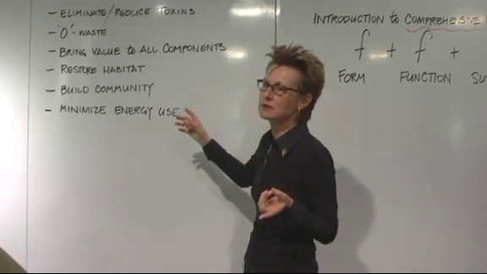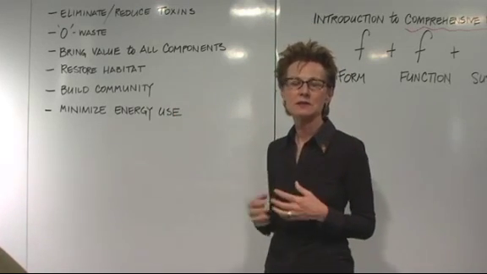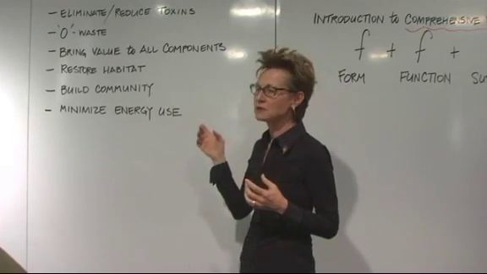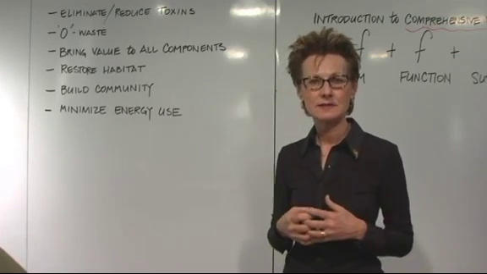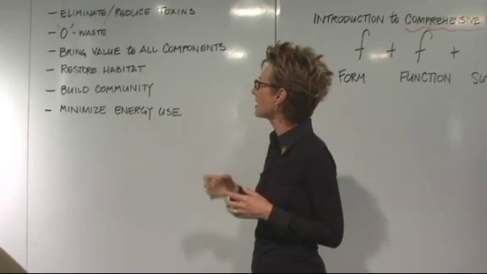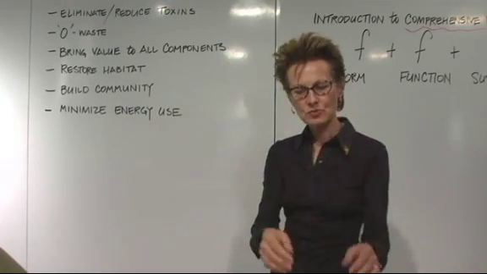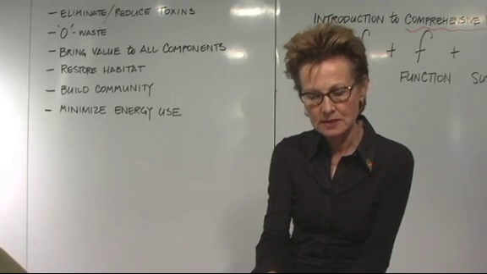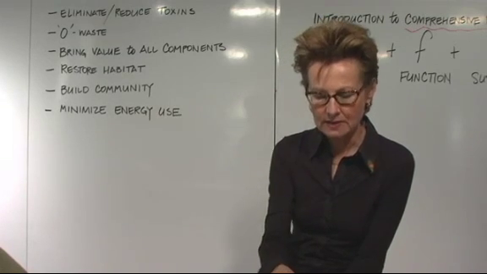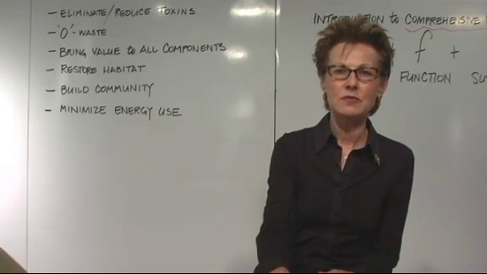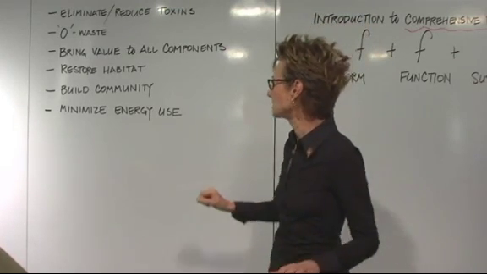What if we wanted to eliminate or reduce toxins from the system? What if we wanted to create a zero waste system? What if we wanted to bring value to all the components of the peanut, that none of this would be wasted, but there would be some utility for each and every part of the peanut?